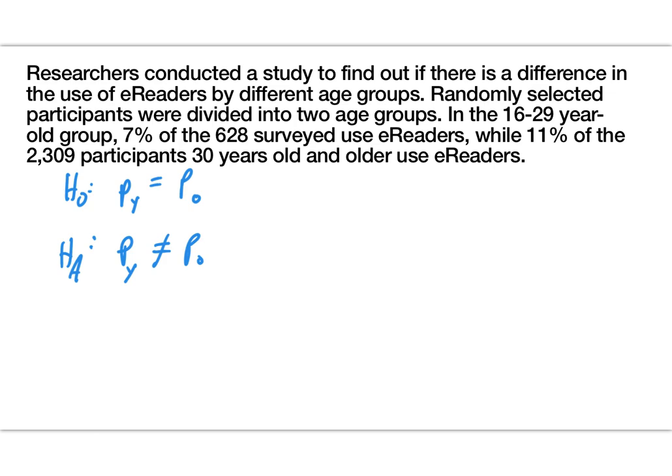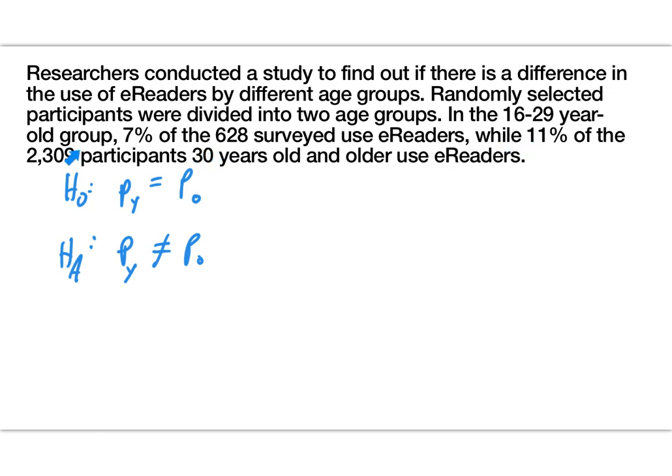Being a random sample, randomly selected, so I'd indicate random as indicated. Independent, one person in one group does not affect someone else's response as to whether or not they use an e-reader, so independent. Normality, there are over 5 successes and failures for each. How do I know? 7% of 628 is over 5.